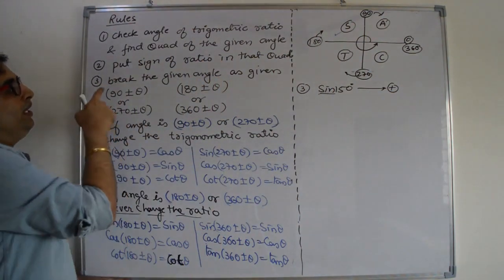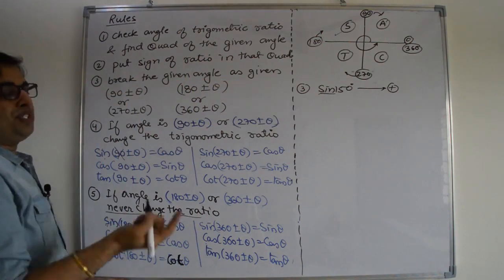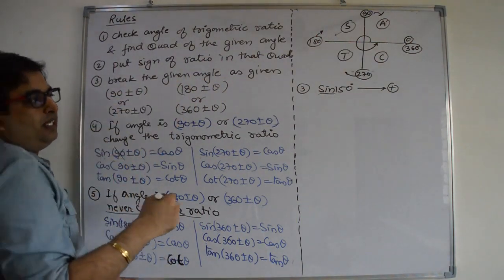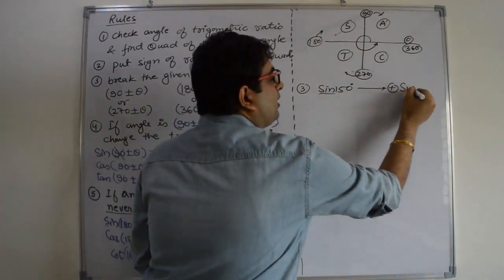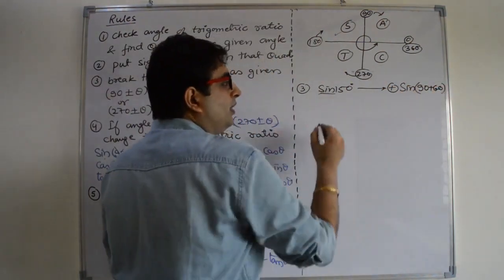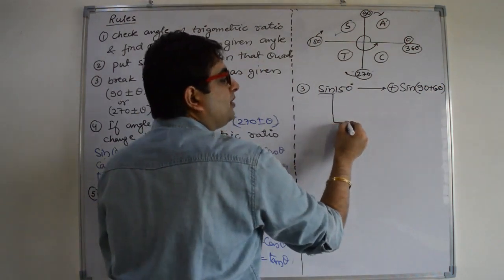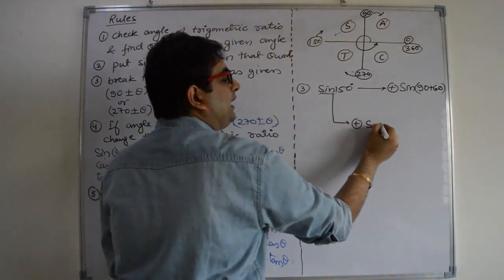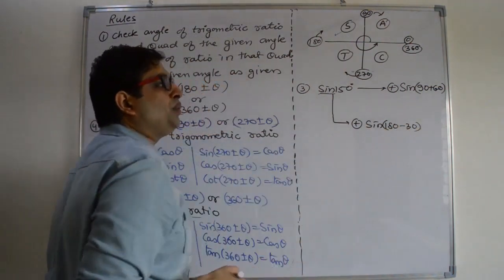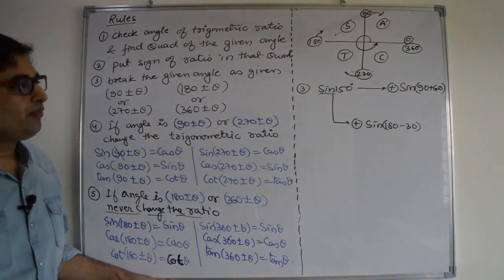Right? Now we have to break the angle. There are two ways to break the angle, 90 plus minus or 180 plus minus. So I can break it in 90 plus 60. Second is sine 180 minus 30.